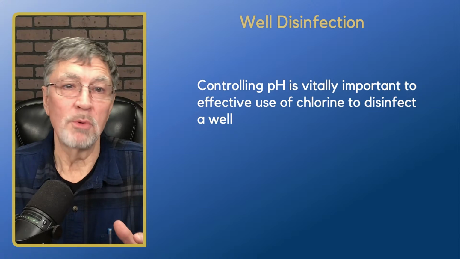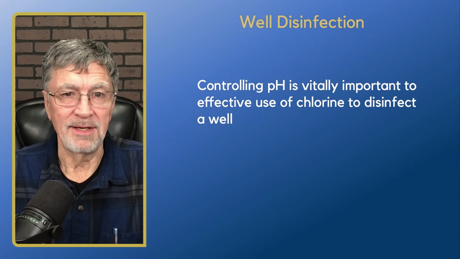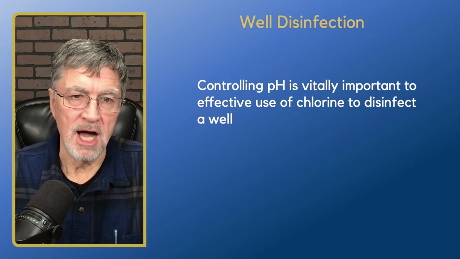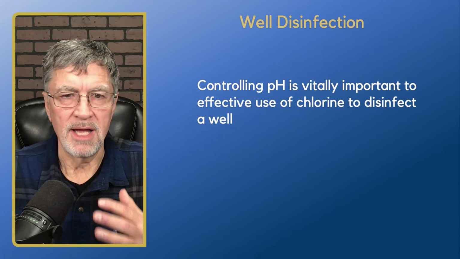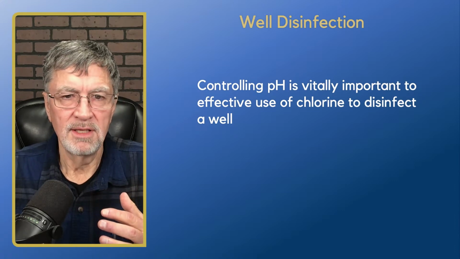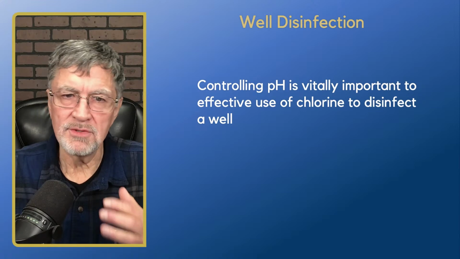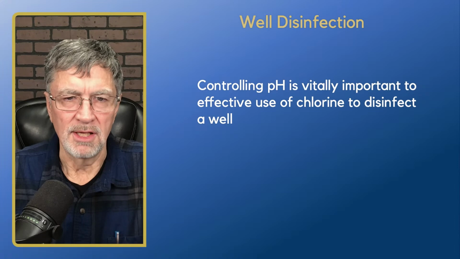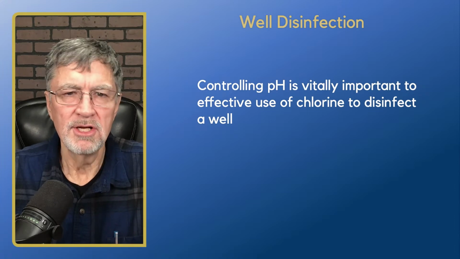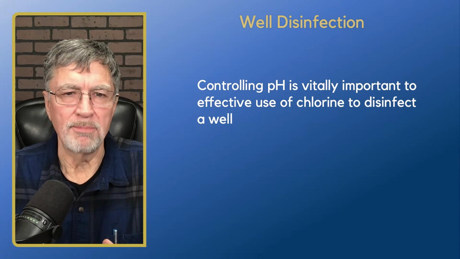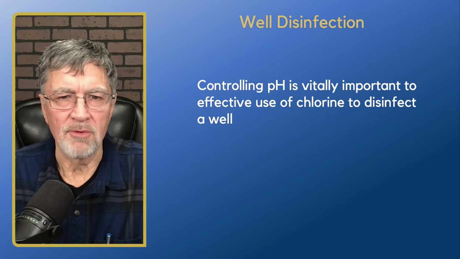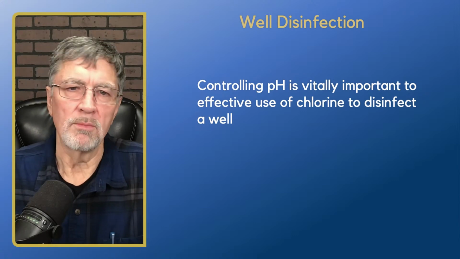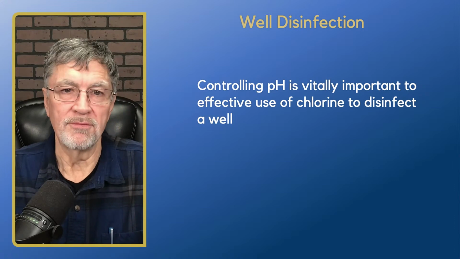So it is really important to monitor and keep that pH down in the optimal range to have effective disinfection in the well. And this is actually the reason that a lot of disinfection fails: they're not monitoring their pH. They're not keeping it in the optimal range. So you shift out of that range, and you might as well just be pouring more water down there for all the effect you're getting.